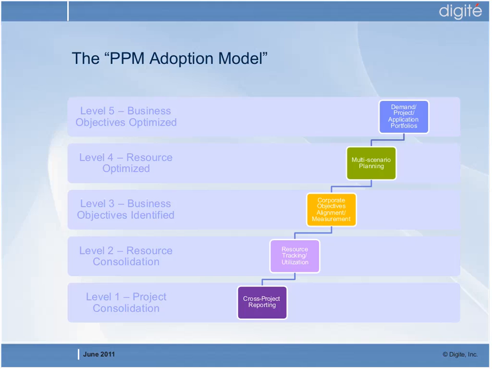And the final level is business objectives optimized, where your overall project portfolios are visible, your resource picture is clear, and now you're doing a medium to long term alignment of demand and actual project assignments to make effective portfolio models of projects, demand, and applications, and do a resource optimization on an overall basis.